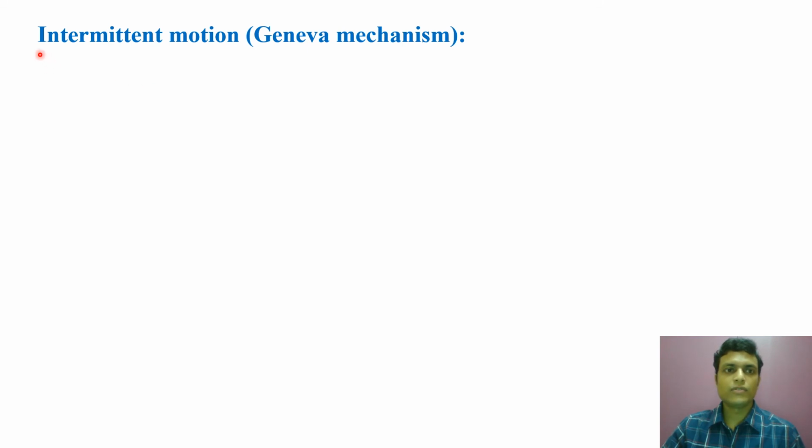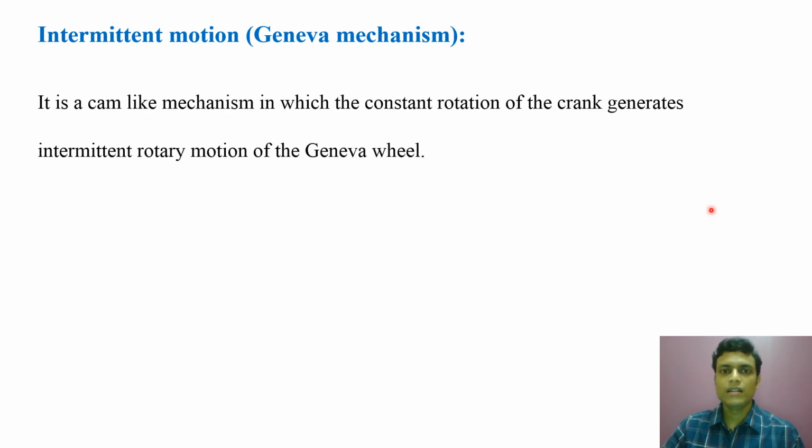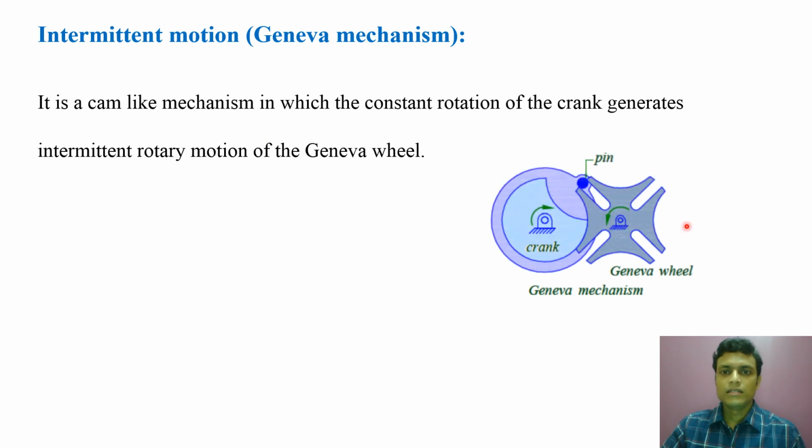Now let us come to a mechanism which generates intermittent motion, that is Geneva mechanism. So this is a Geneva mechanism. This is the crank which contains a pin, and this is called Geneva wheel, on which 4 slots are made.